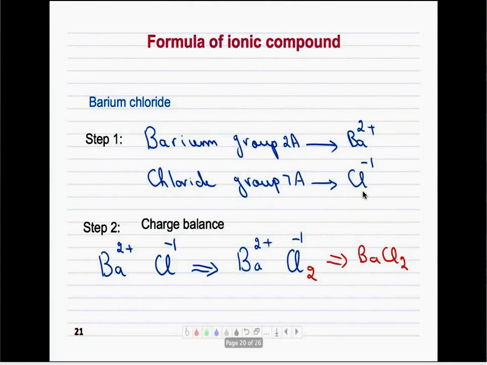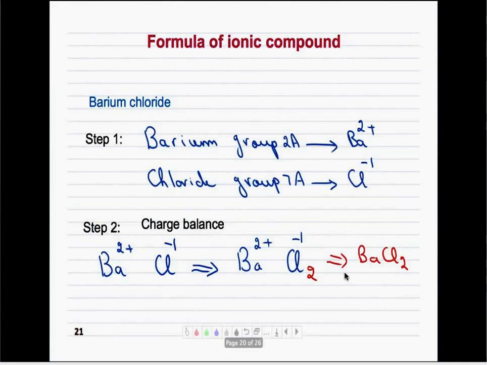Then I say, oh, I have barium 2 plus and Cl minus, but that's not balanced because I have 2 plus charge and here I have -1 charge. So I need 2 chloride ions to balance that 2 plus. This is why, after figuring out the charge, we look: is that balanced?